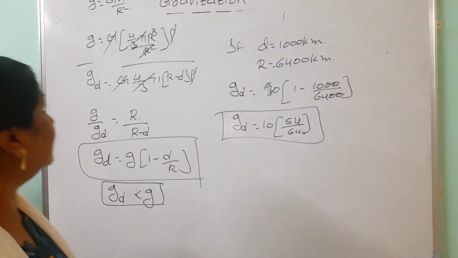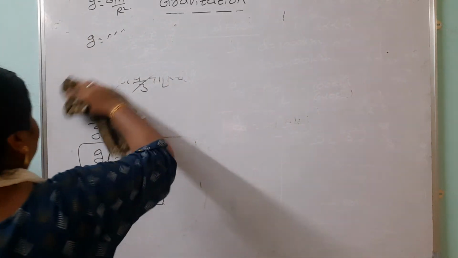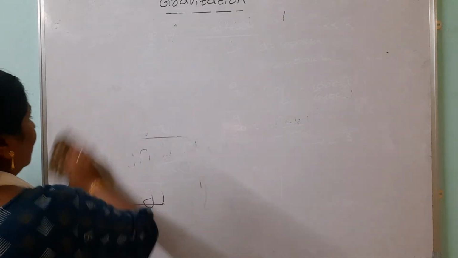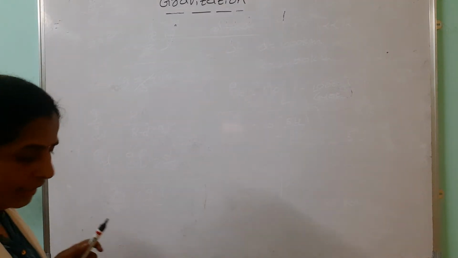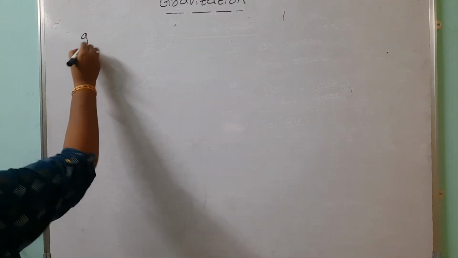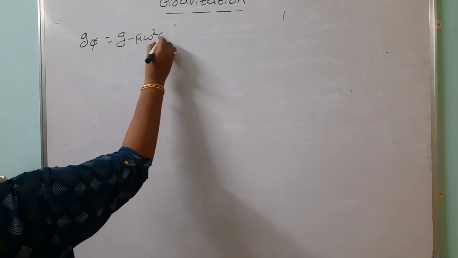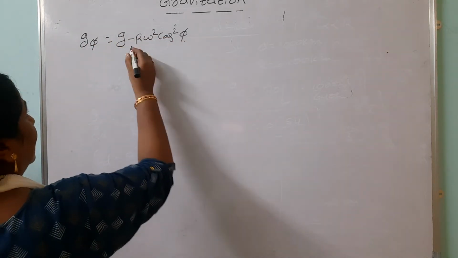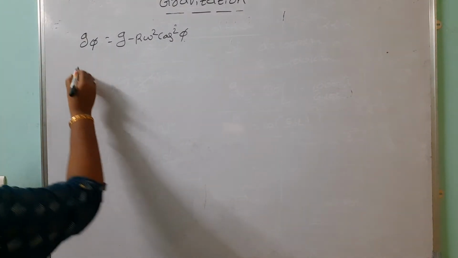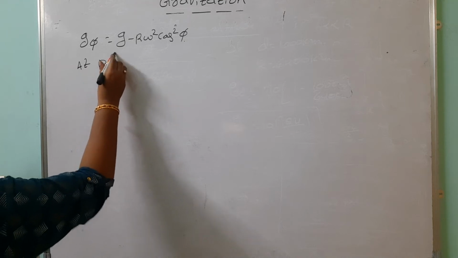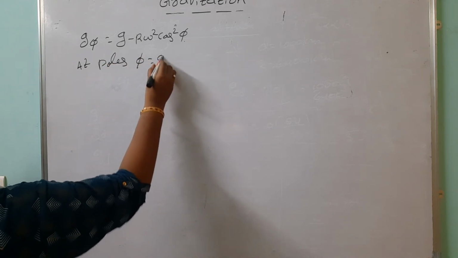Next is the variation of g with latitude, with respect to angle. At poles and at the equator we should consider the angle. That formula you should remember: g_phi equals g minus R omega square cos square phi. Here R is the radius, omega is the angular velocity. So at the poles, phi equals 90 degrees.